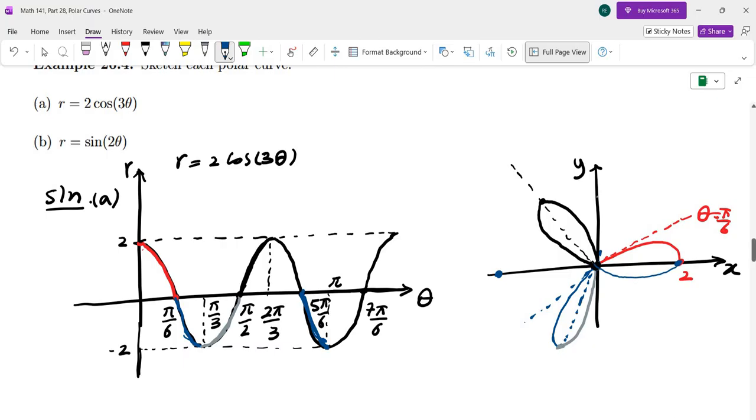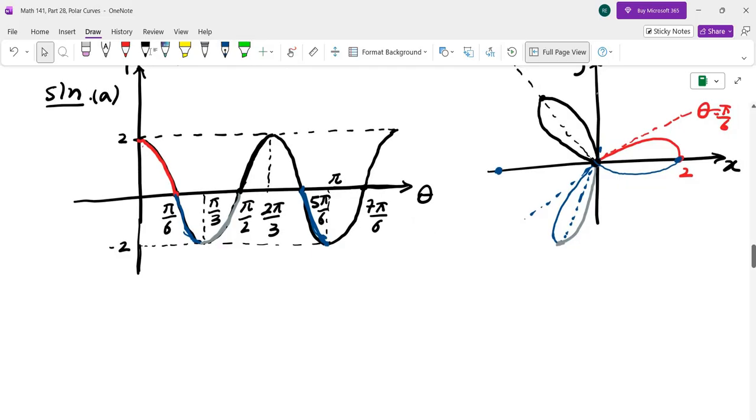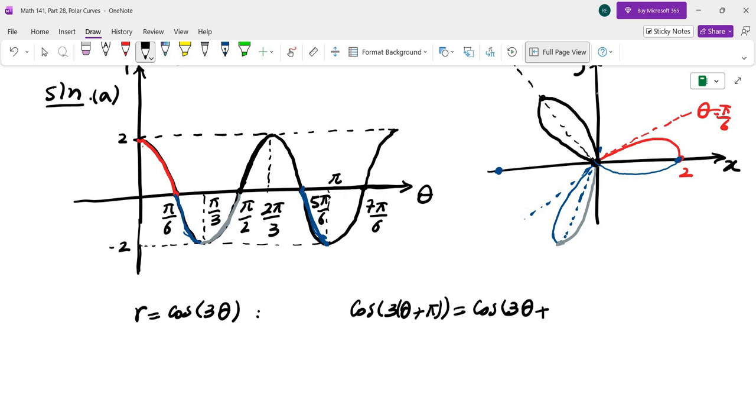And after that point, it is going to be repeated, because we start with r equals cosine of 3 theta. If we increase theta by pi, we would get cosine of 3 theta plus 3 pi, which is negative cosine of 3 theta.